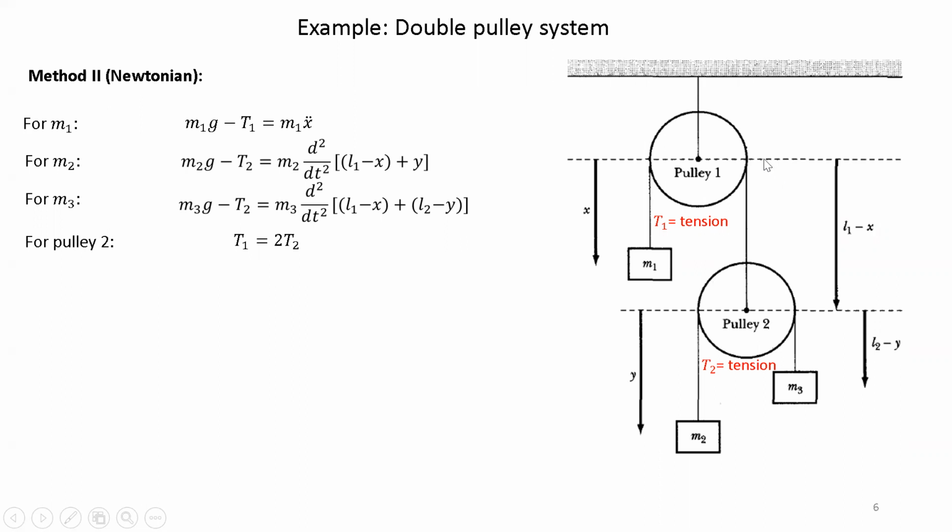So you can see that from here, I don't define the position of all the masses from the same fixed reference line. For this M1, I use this X. This is a fixed reference line, this is X for M1, that's good. But then for this M2 and M3, what we do is the following.